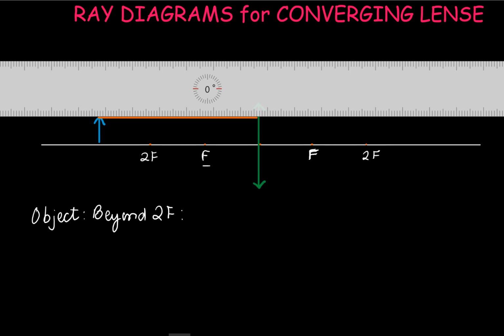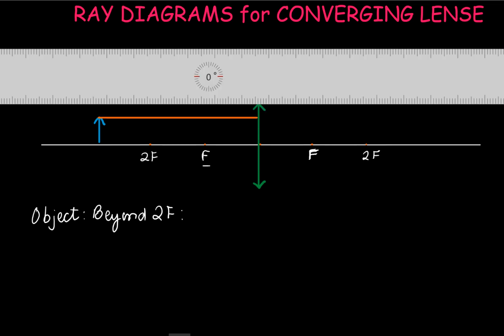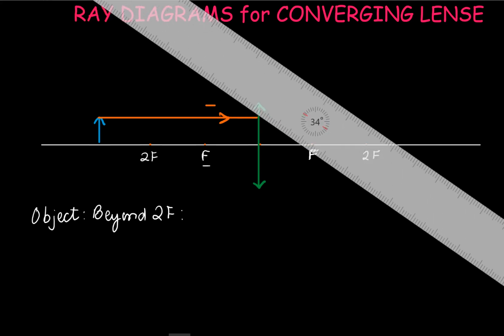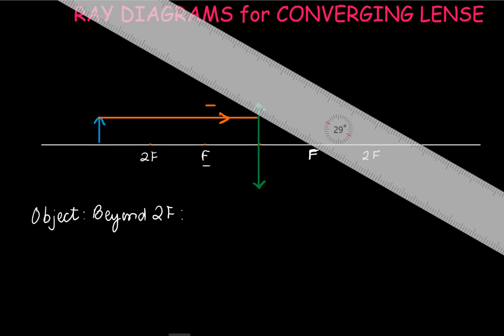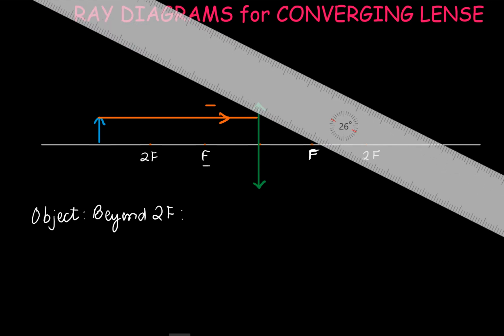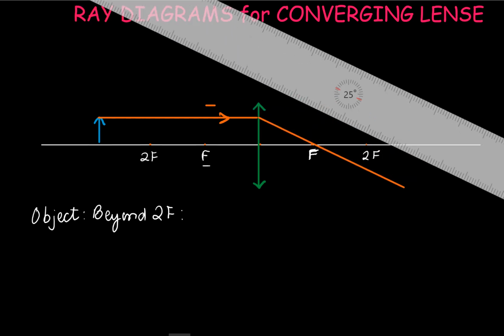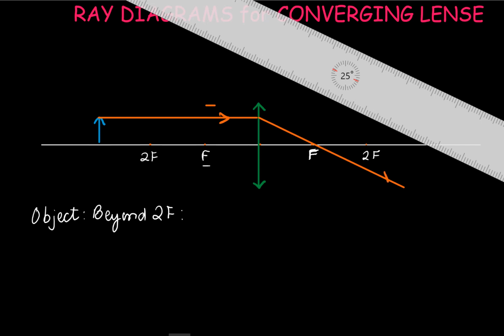This is the line that goes parallel to the principal axis, and after that when it touches the lens it cuts f. This is how it continues after crossing the lens. That is the first line.